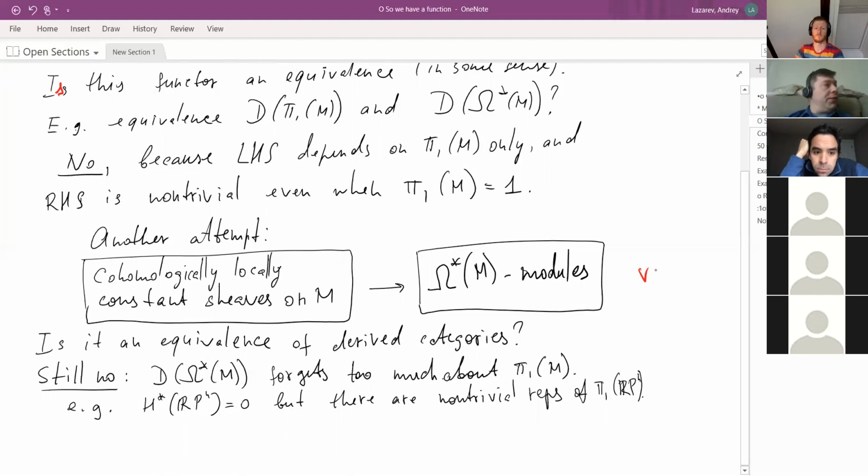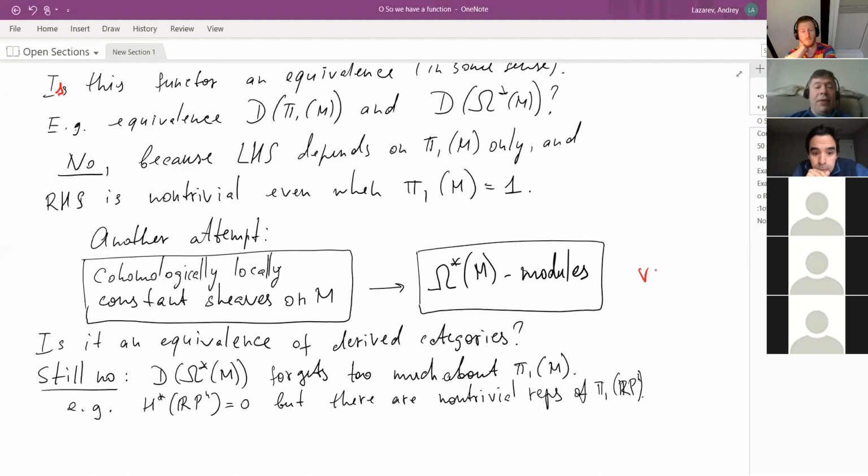It's a complex of sheaves such that its cohomology sheaves are locally constant sheaves on M. All right, so this category, or maybe it's better to say that we're considering the derived category, certainly depends not just on the fundamental group of M, okay? So that's a bit of an improvement.